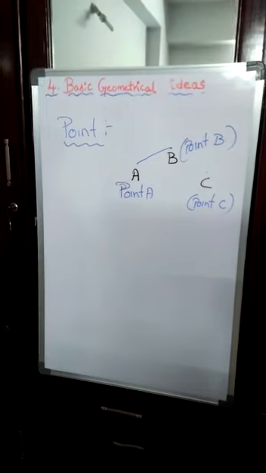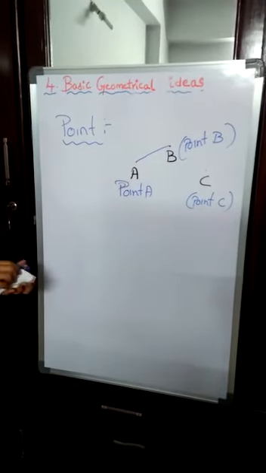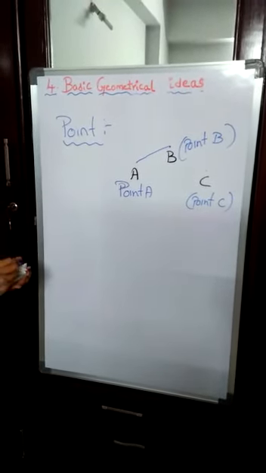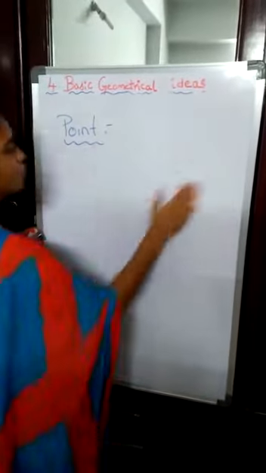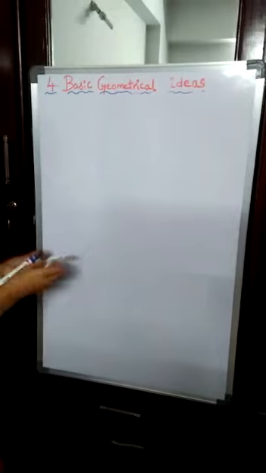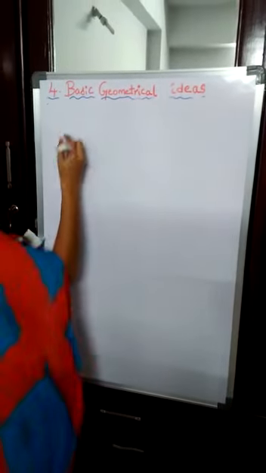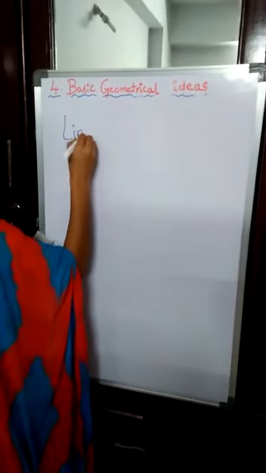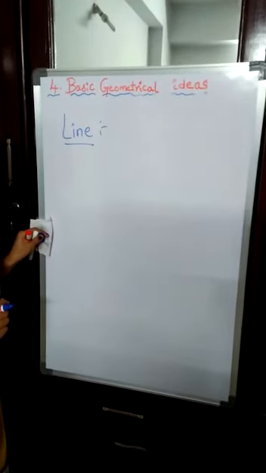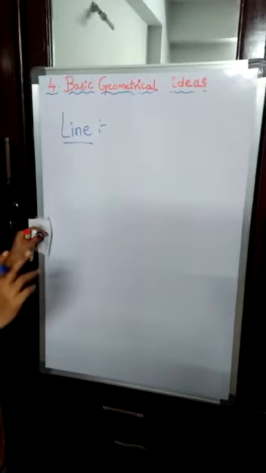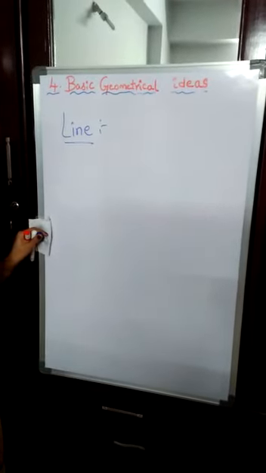Now we shall see about a line. After point, we shall see about a line. And what are the features of a line? A line is a collection of points extended endlessly in both directions.